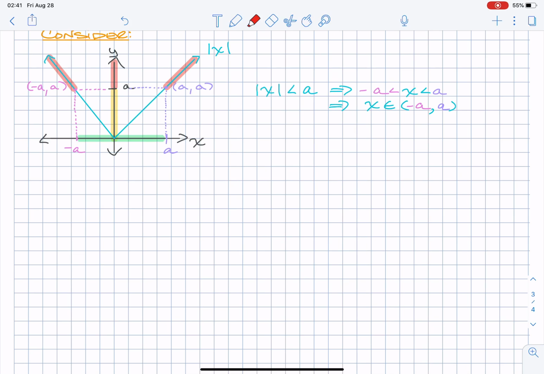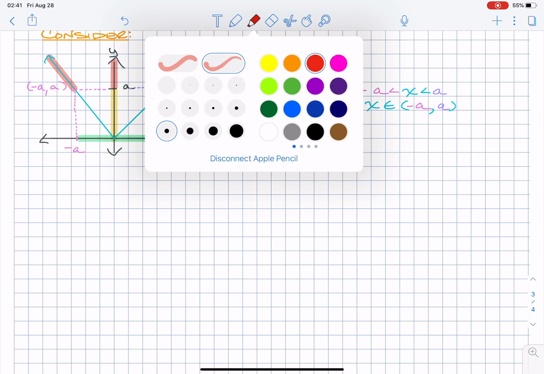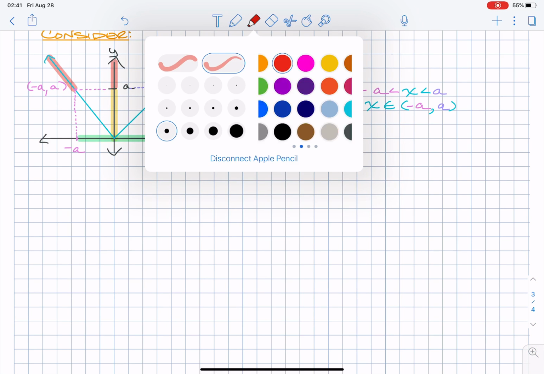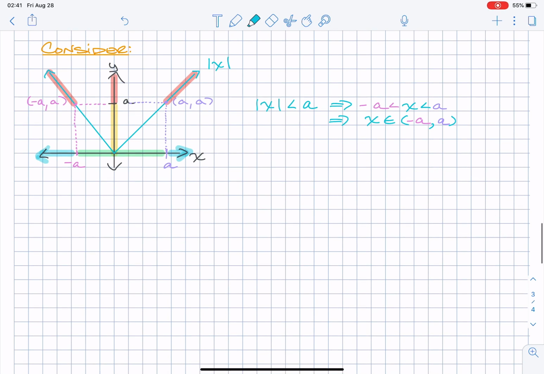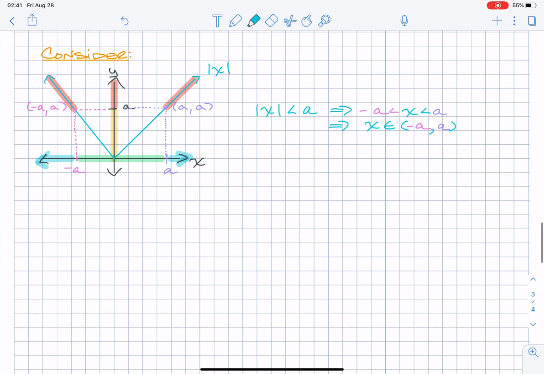Well, those regions correspond to values of x that are either to the right of positive a or to the left of negative a. Agreed?